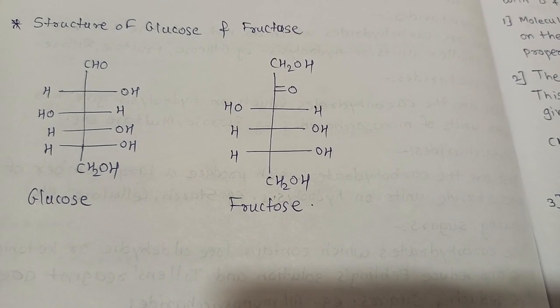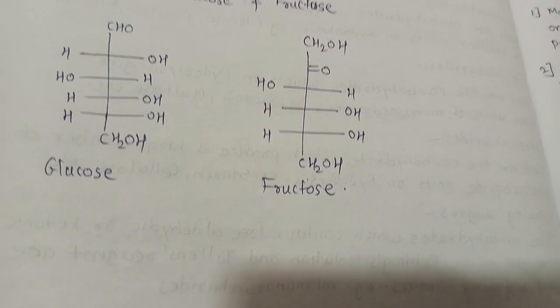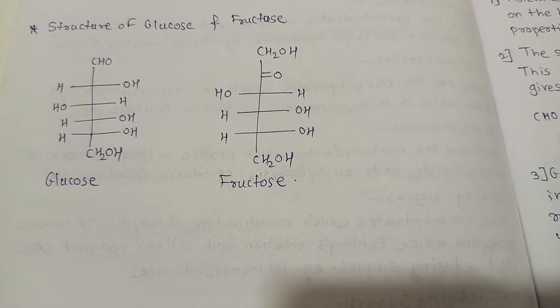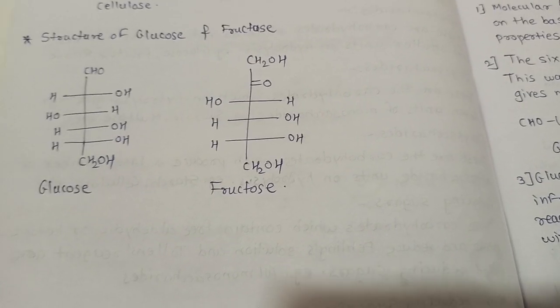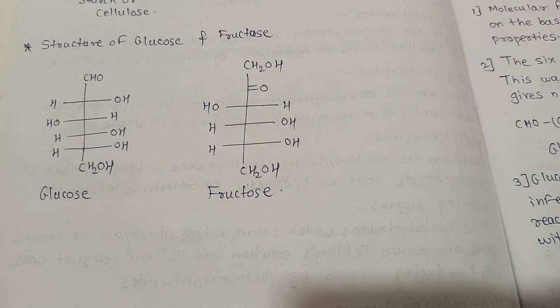That's how we can draw the structure of fructose. From these diagrams it is easier to distinguish between glucose and fructose. Glucose contains an aldehydic group and fructose contains a ketonic group.